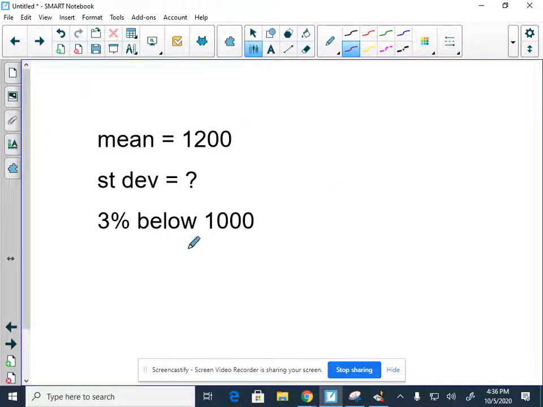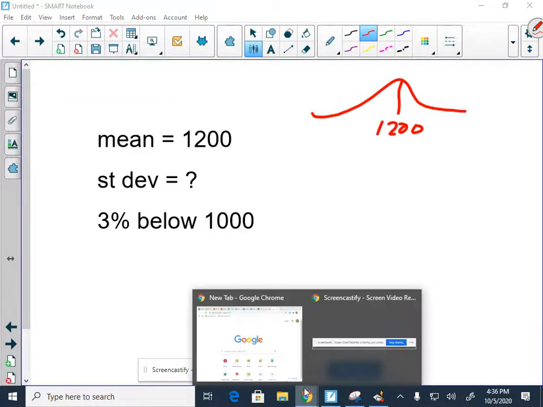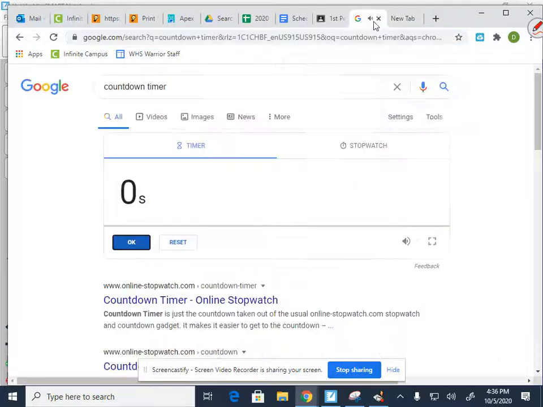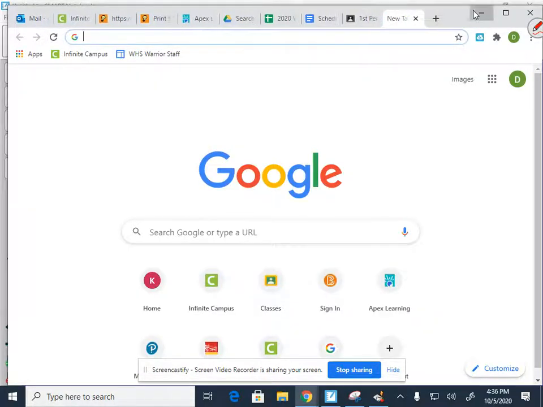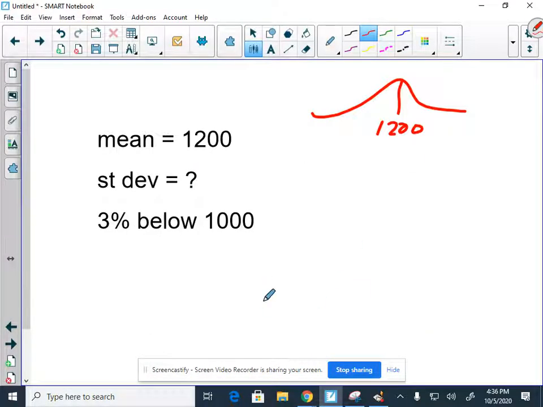All right, next one, another bonus review. The mean this time is 1,200. The mean is 1,200. My standard deviation is unknown.